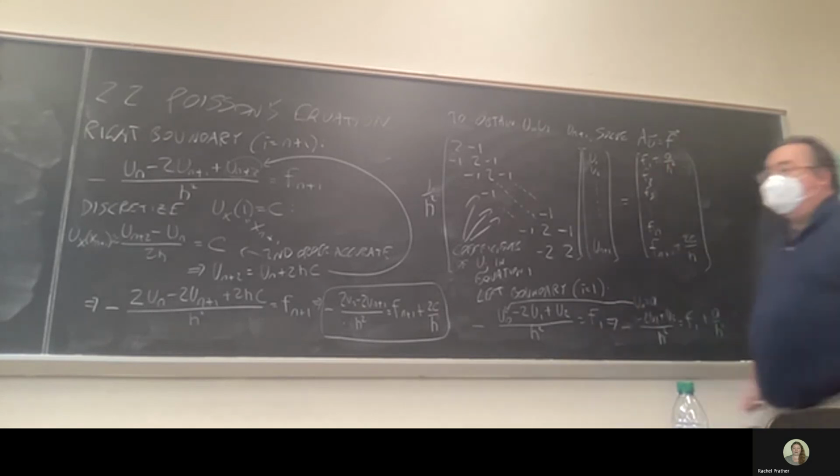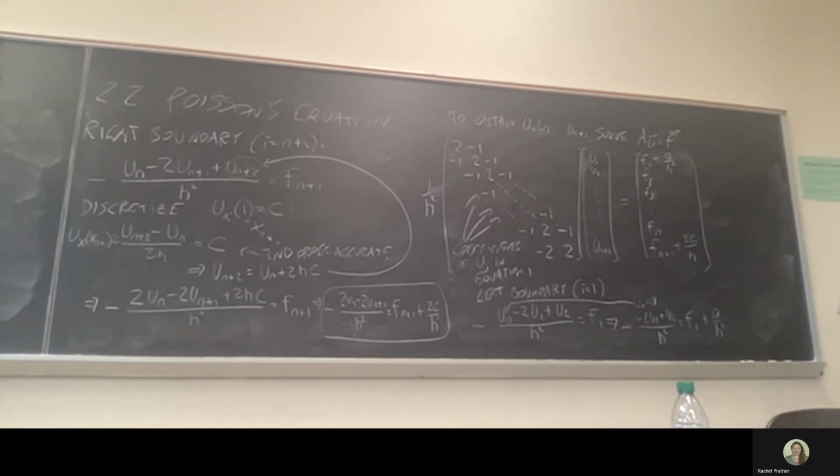Now, we could just go ahead and solve this by various methods. What would be an example of a method we could use to solve this? This is not symmetric. Yeah, it is not symmetric, which is unfortunate.